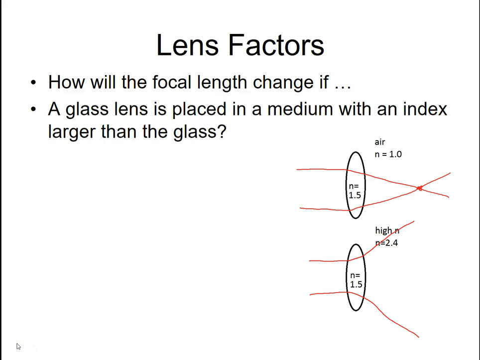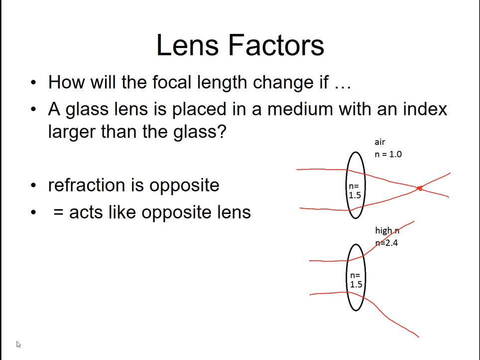Again, the refraction is going to be opposite, and therefore it's going to act like an opposite lens. A normally converging lens will now become a diverging lens. The same would be true if you took a diverging lens and flipped it as well. It would now act as a converging type lens.